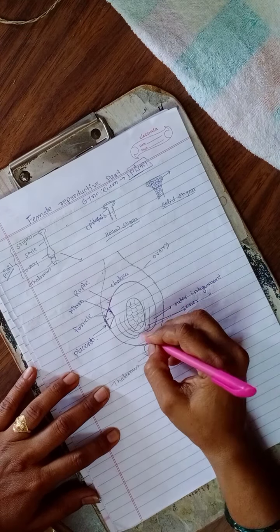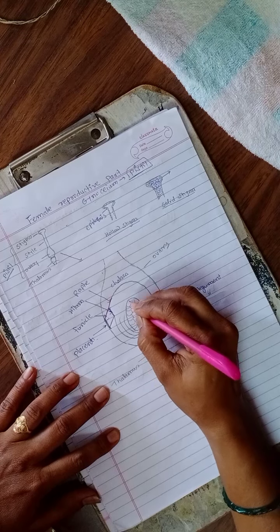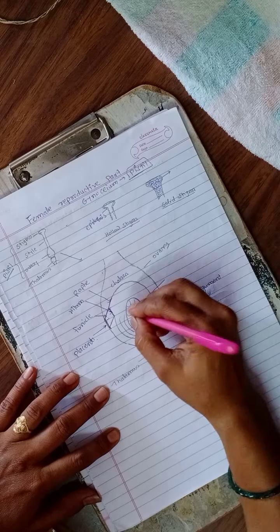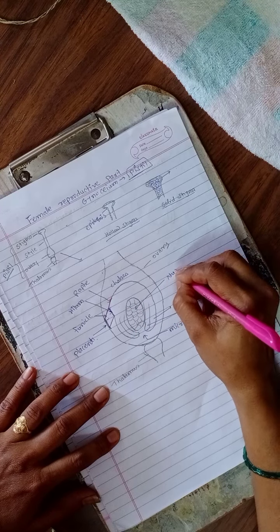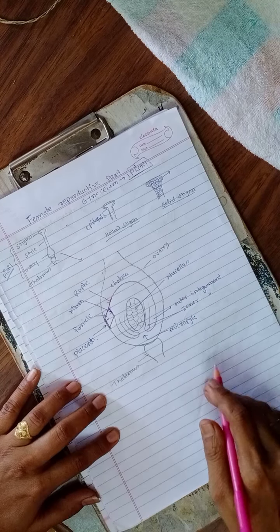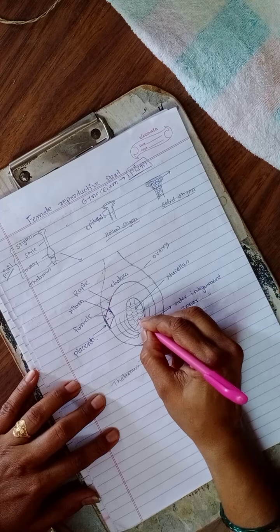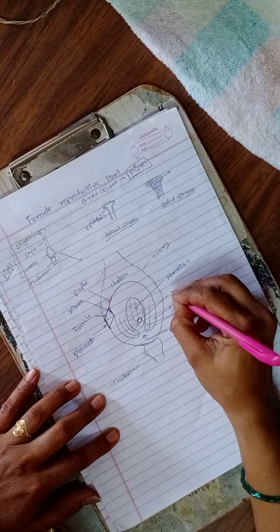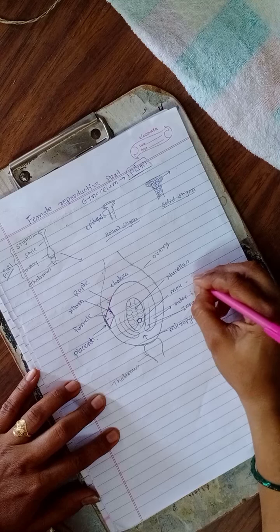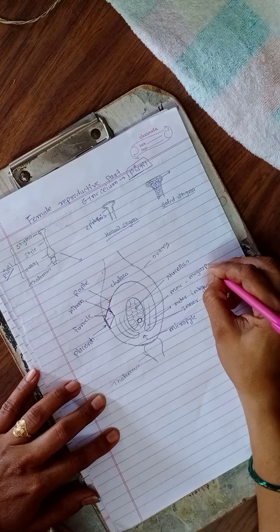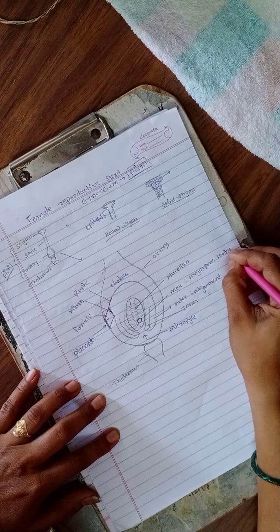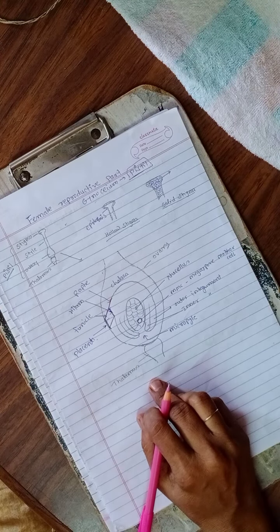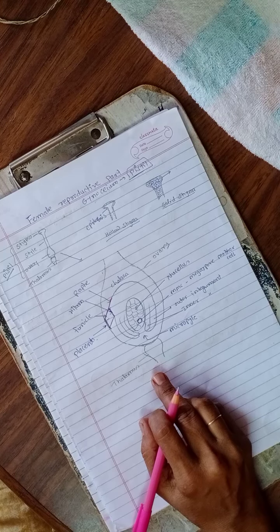In between these integuments, a sac is present, and this sac consists of many cells, and these cells are known as the nucellus. From this nucellus, one cell is converted into the MMC, that is, the megaspore mother cell. Okay, this is the detailed structure of the ovary and ovule.